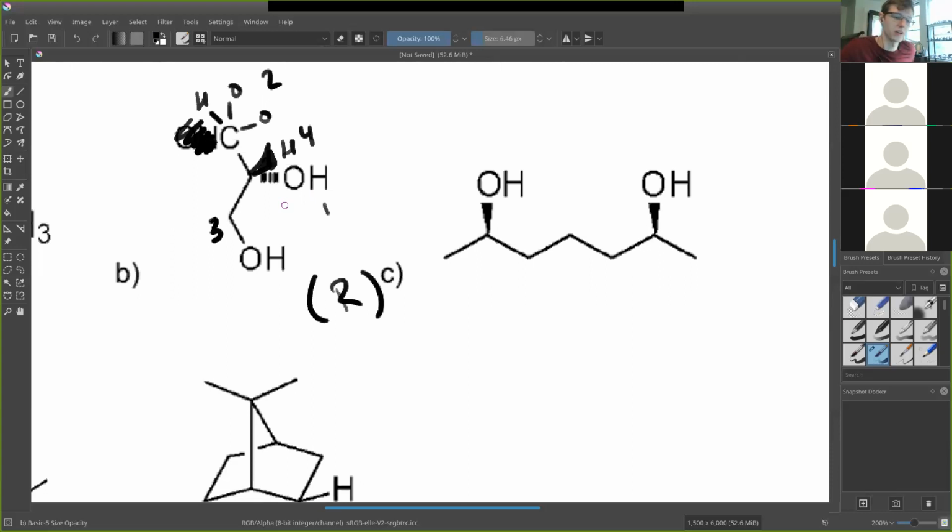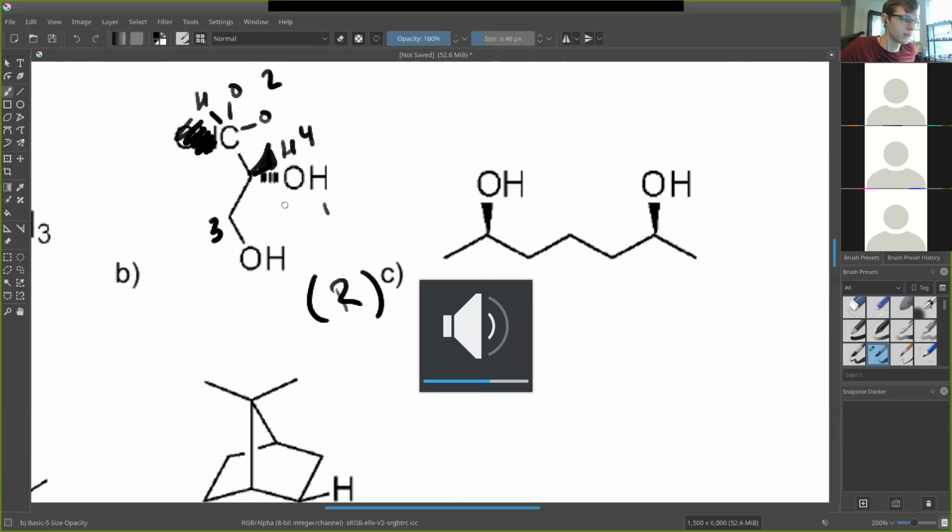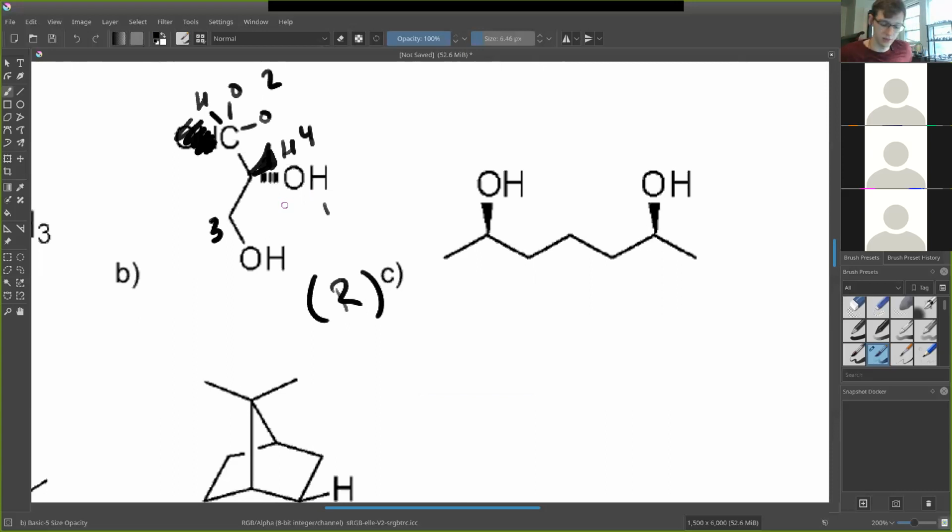What was that? I couldn't hear it. Oh, I was saying since the H is sticking out into the front, it's basically like the wheel part of it is behind it, so you have to turn it all the way around. So technically, it's S. So you have to do the opposite of what the numbers say, right?